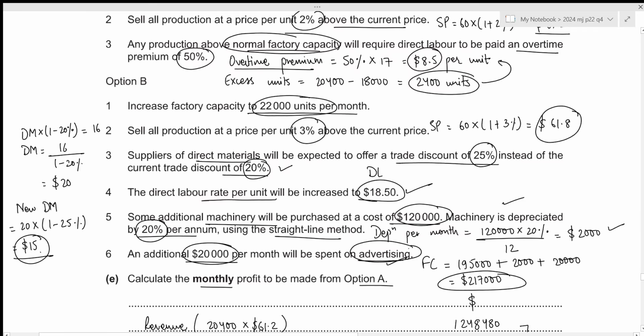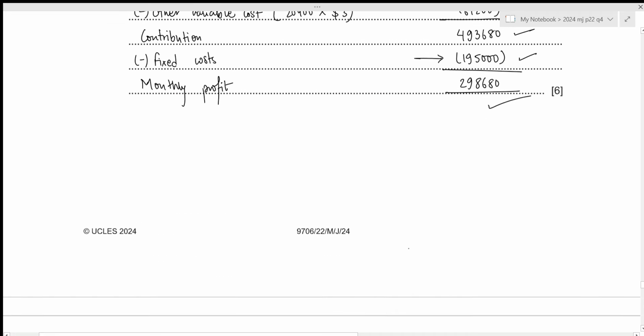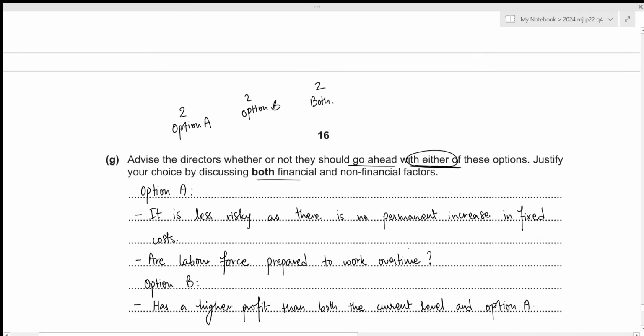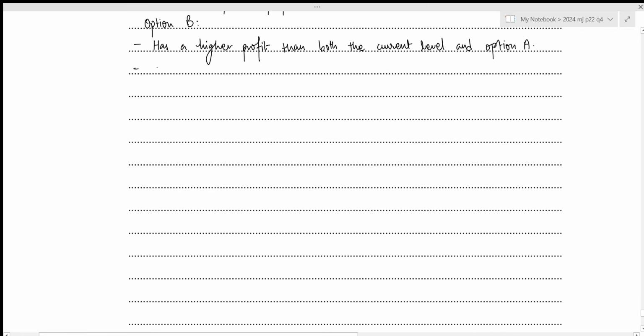So whenever there is advertising, we can always ask the question whether or not this advertising will be effective. Let's write it down. Will the advertising be effective?